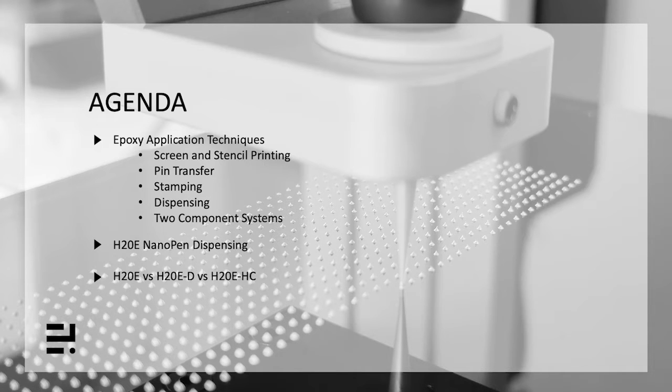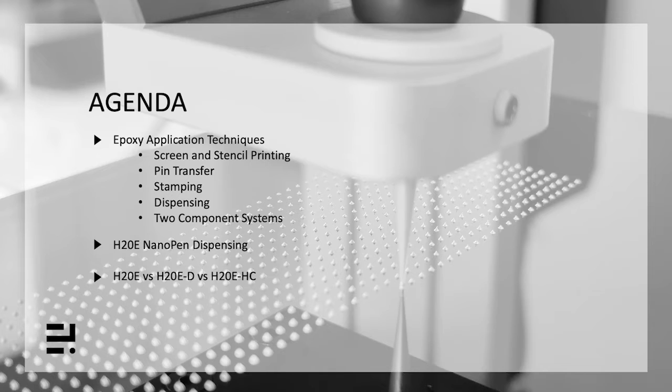First of all, let's take a quick look at what we have in store for you today. We're going to start out with epoxy application techniques. This is going to cover some of the most popular application methods for applying silver-filled epoxy systems. That includes screen printing, pin transfer, stamping, dispensing, and two-component dynamic mixing systems.